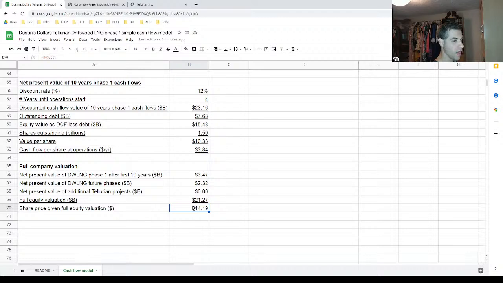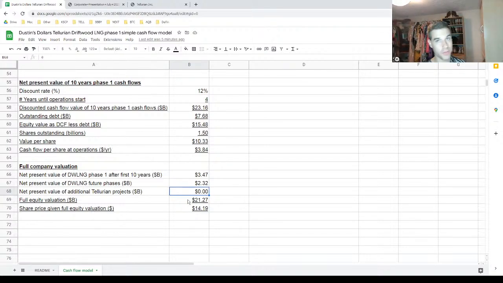So I did also have one line item here. If you want to give any additional value to the company for some additional project, I don't currently, that's even further out, I would imagine, than Driftwood LNG's phase 3 or 4, whatever it is that actually finalizes the full 27 million tons per year plant.